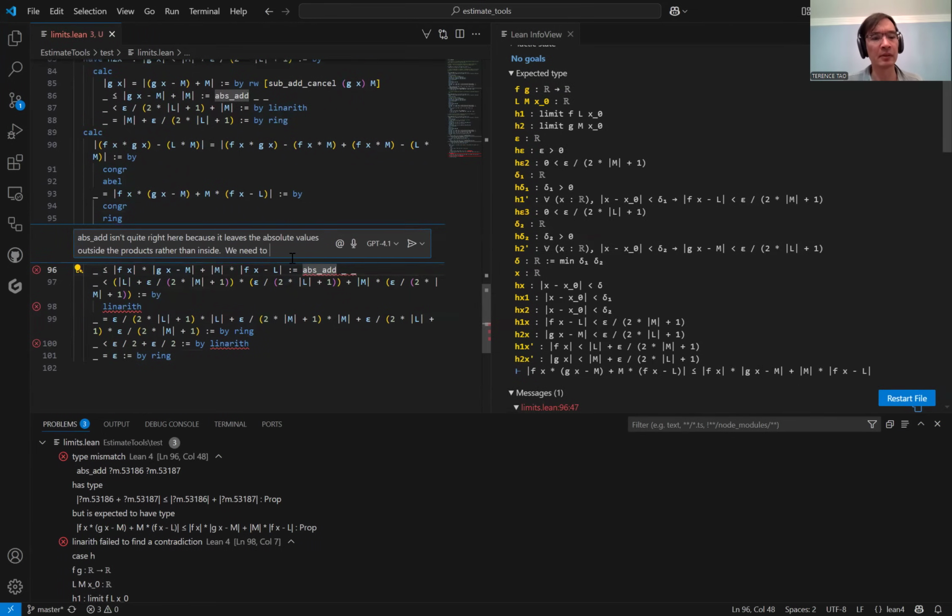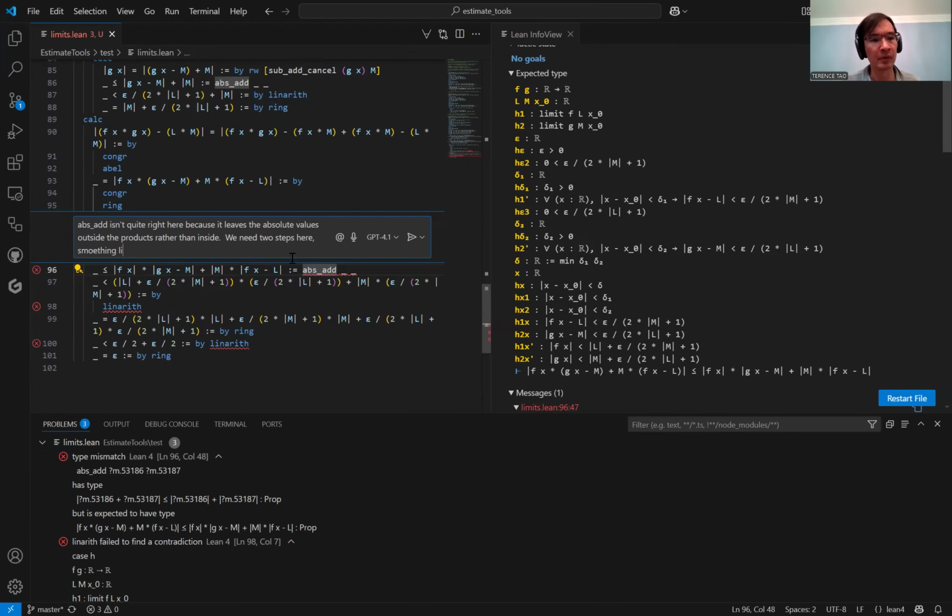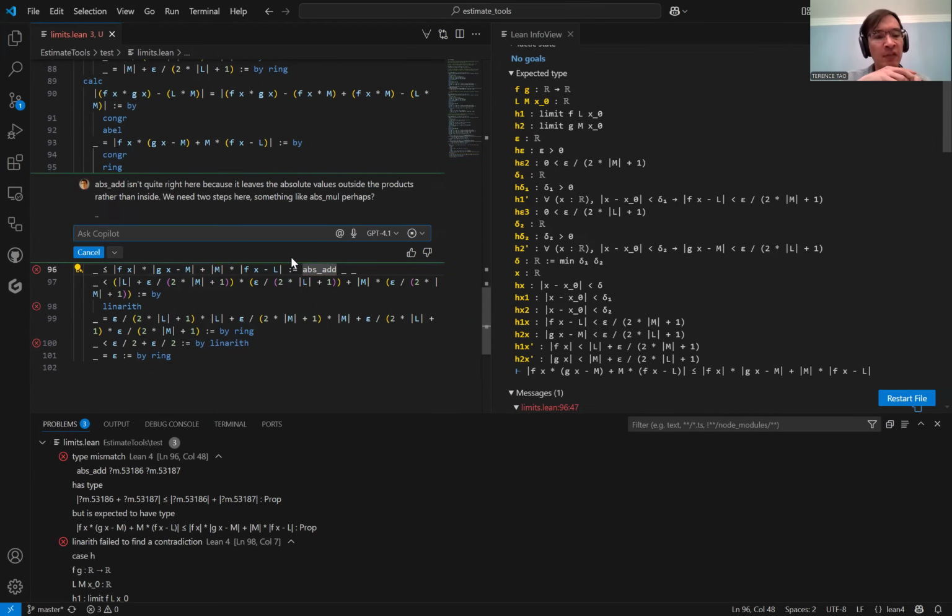We need two steps here. So we need something to move the absolute values inside the product. The name of that is probably going to be something like abs_mul. That's why the naming system is so useful. So let's see if it fixes it.